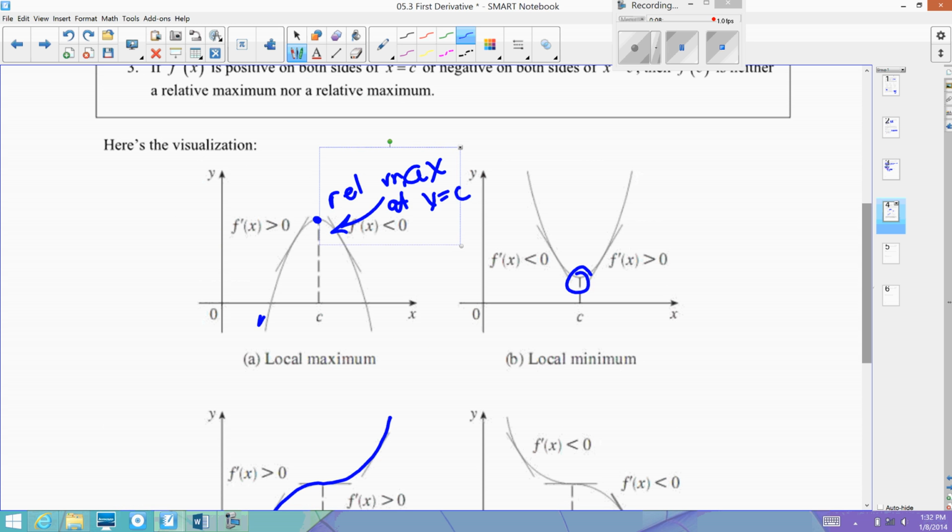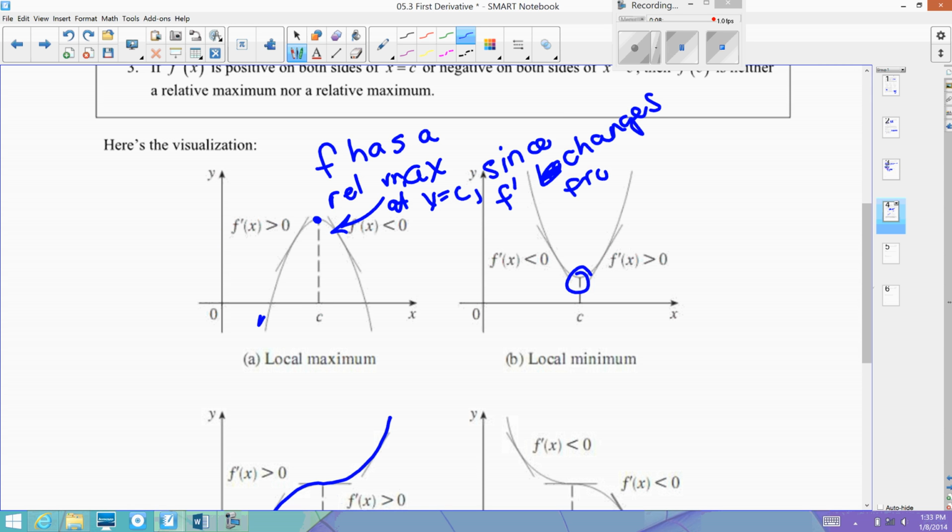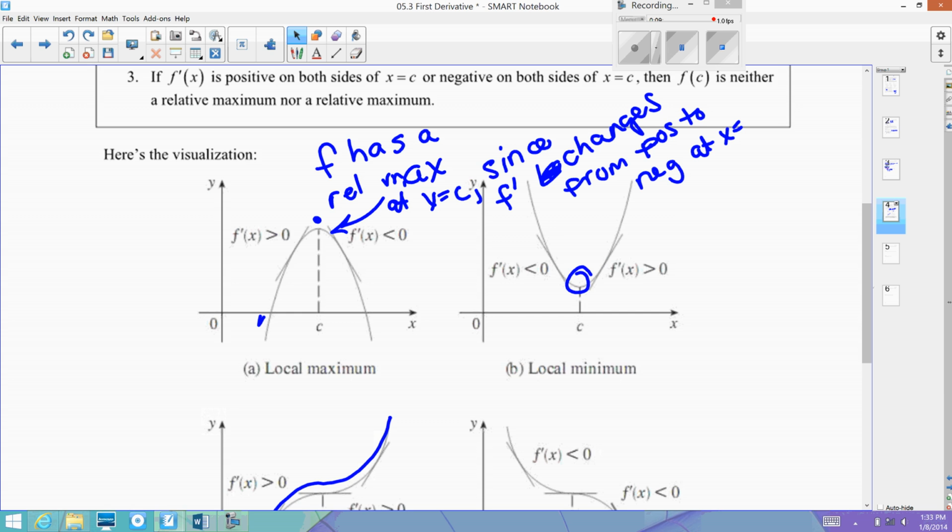We would say that f has a relative maximum at x equals c since f prime changes from positive to negative at x equals c. This is how we're going to have to explain it if we want to use the first derivative test, this is what you're going to have to do.